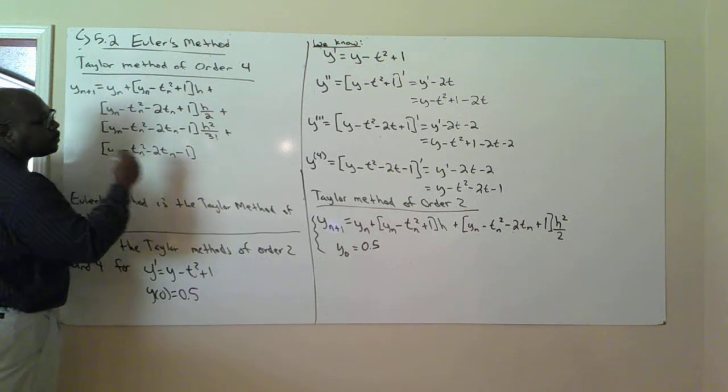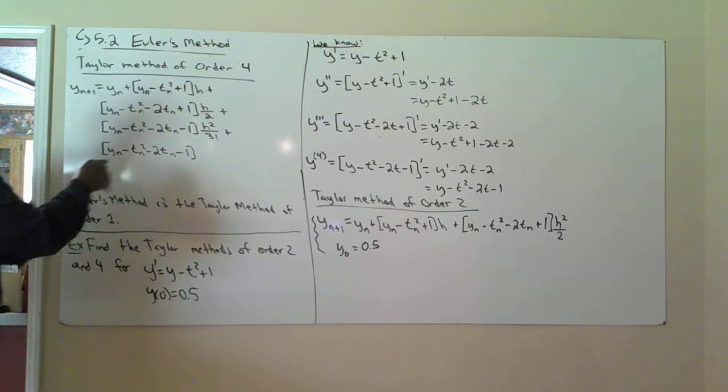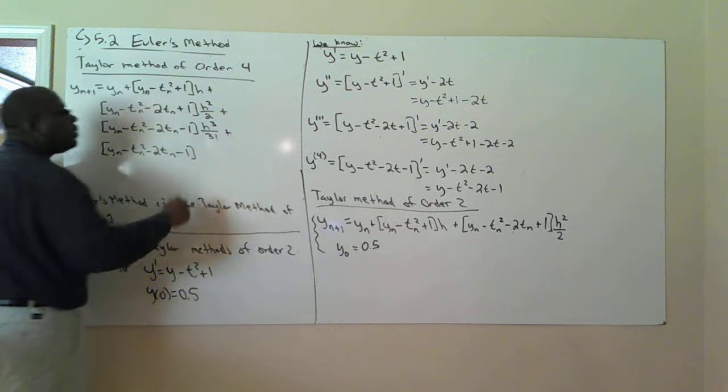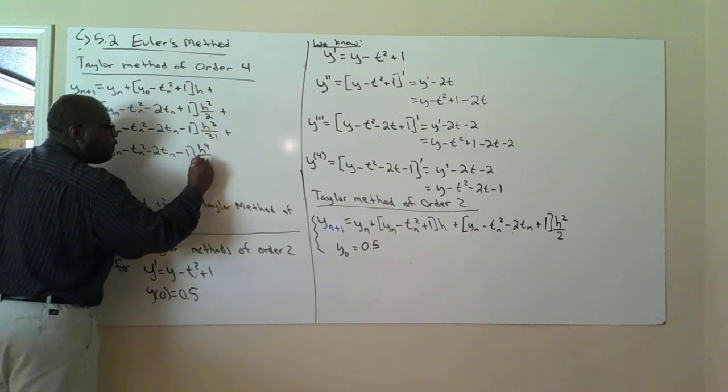I'm looking at it. First derivative, second derivative, third derivative. This is the fourth derivative. Oh, you guys probably know that. This should be squared, this should be cubed. All right, that's what I was looking for. H to the fourth over 4 factorial.